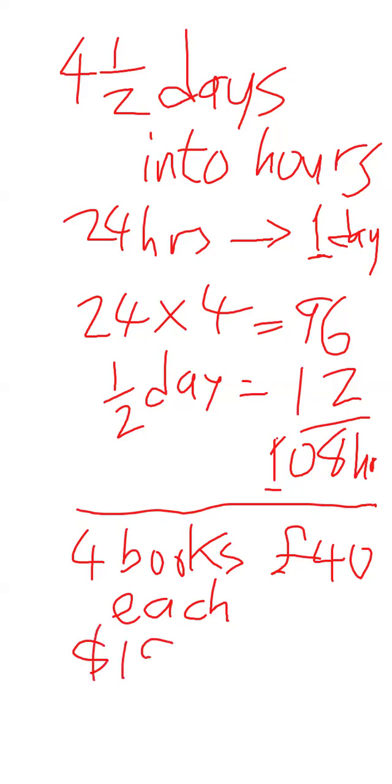This is what I sold them for. And take note, there's no each beside the 150. Did you notice the difference? I bought 4 books for £40 each and sold all of them for £150. What is the loss? What would the loss be?